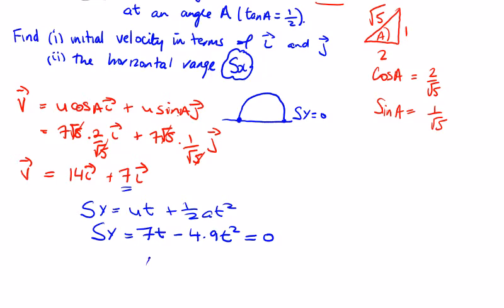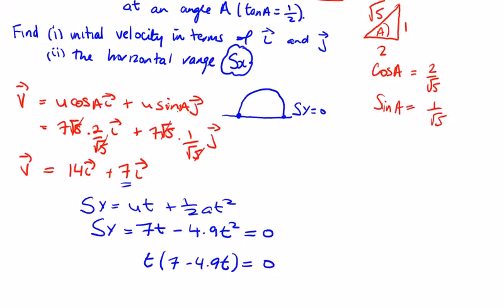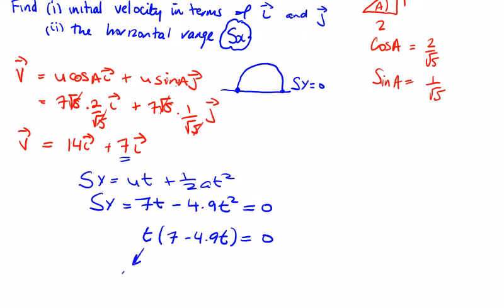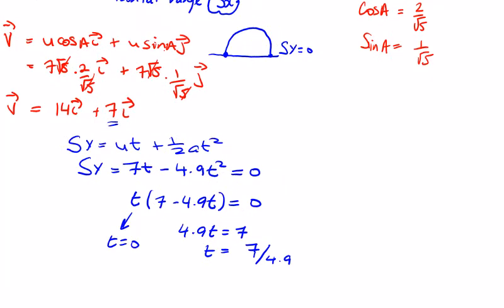The other thing to do is just to take t out and write 7 minus 4.9t inside the bracket, and then you can say that t is equal to 0 and 4.9t is equal to 7. So t is equal to 7 over 4.9, which works out to be 10 over 7. There's 10 0.7s in the top and there's 7 in the bottom.